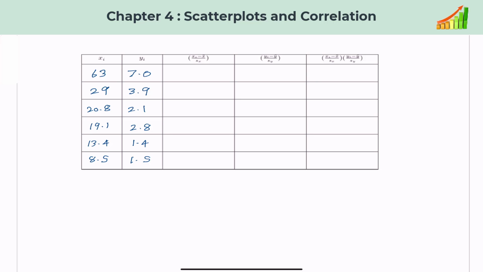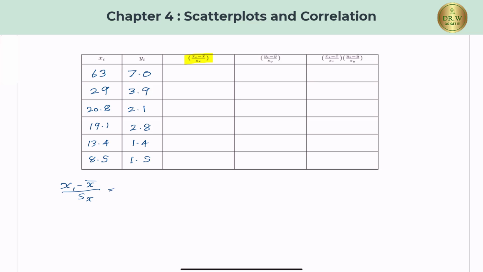Now let me consider this table. In the first column, we have x data. Second column, y data. The third one, we need xi minus x bar over sx. The first one, x1 minus x bar over sx.